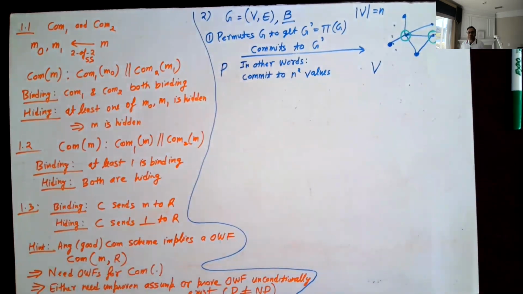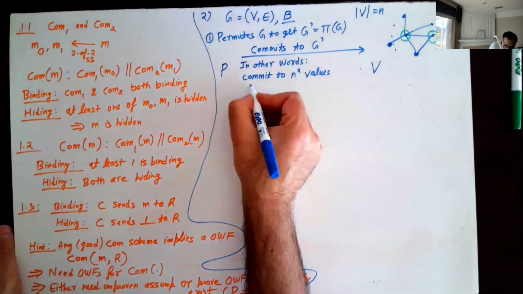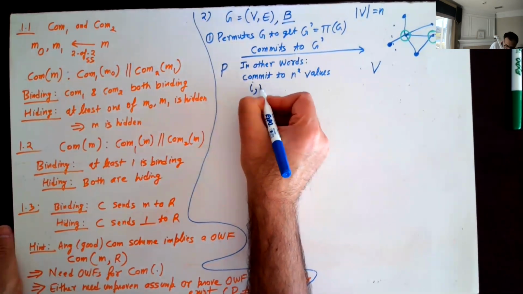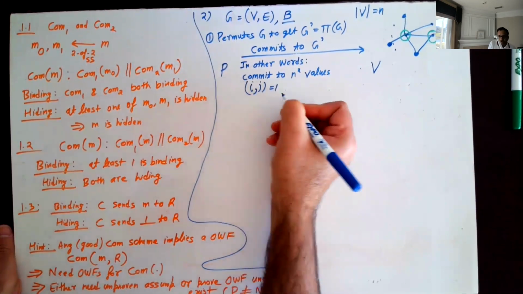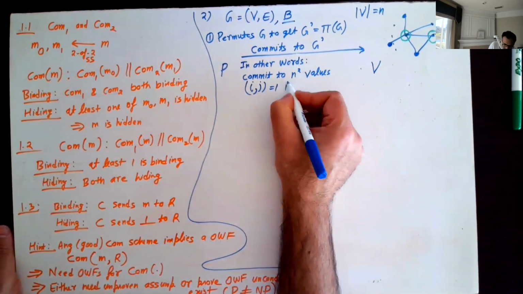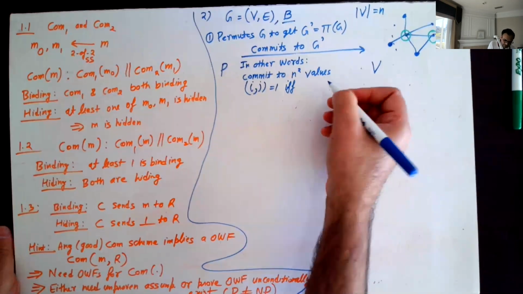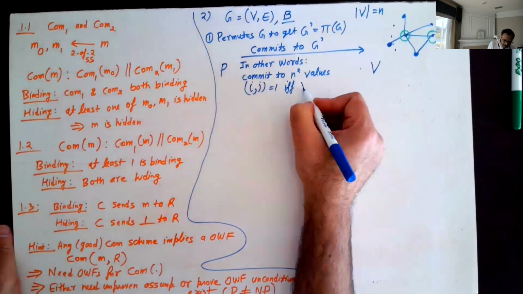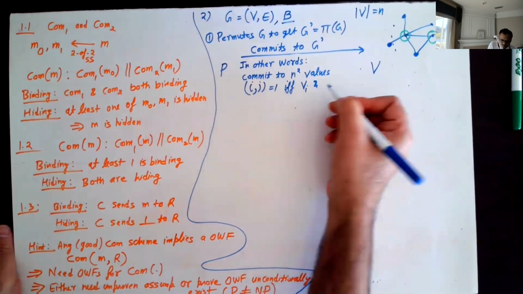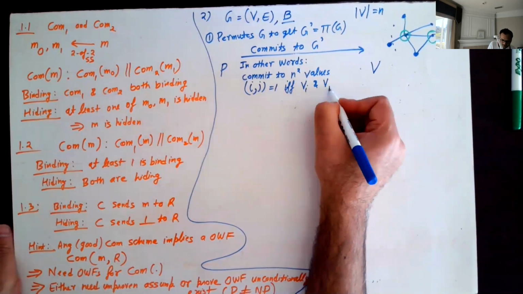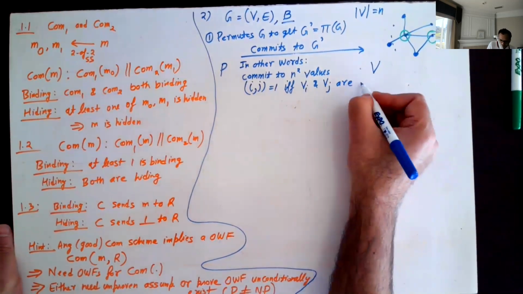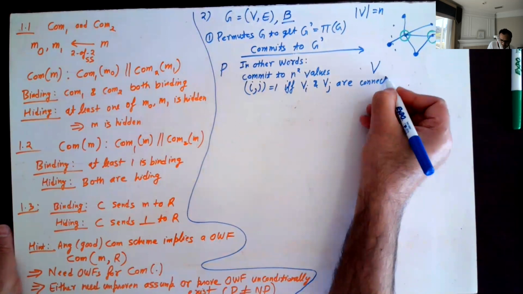So this is an n by n matrix where the value i, j is 1 if and only if vertex i and vertex j are connected.